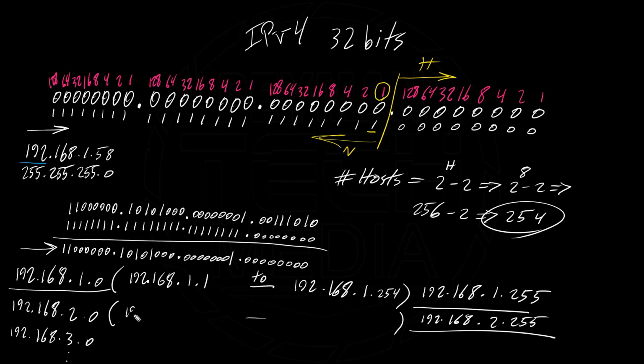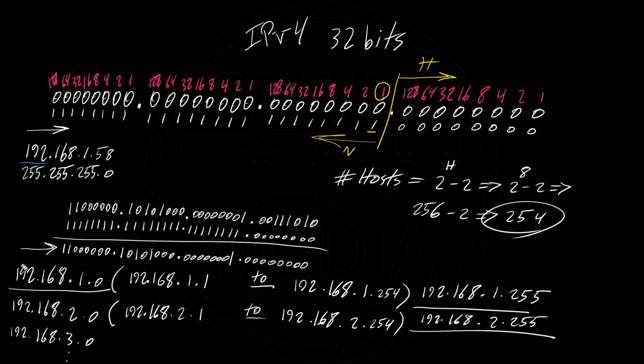Let's write down 192.168.2.1. That's the first available IP address, and the range goes to 192.168.2.254. If we add one IP address, it will be 255, which is the broadcast address.